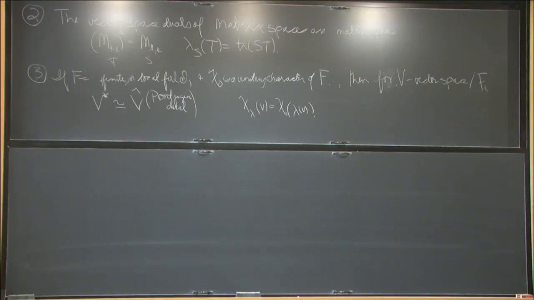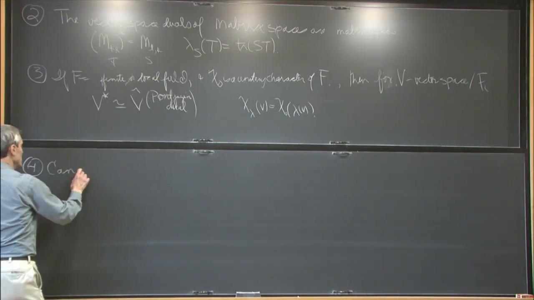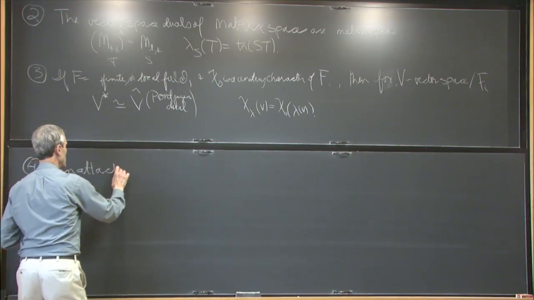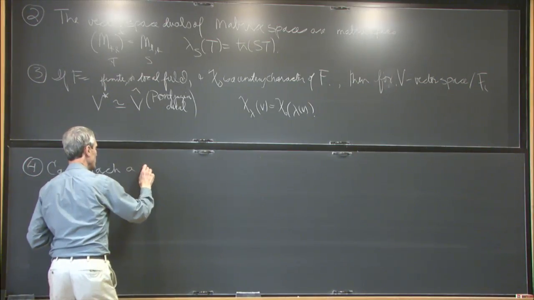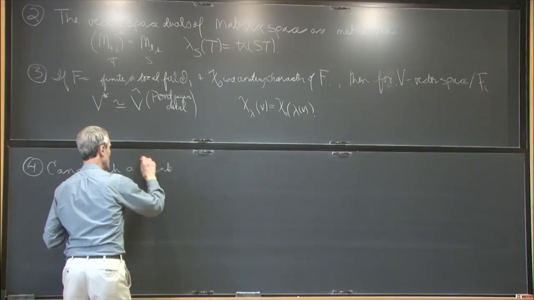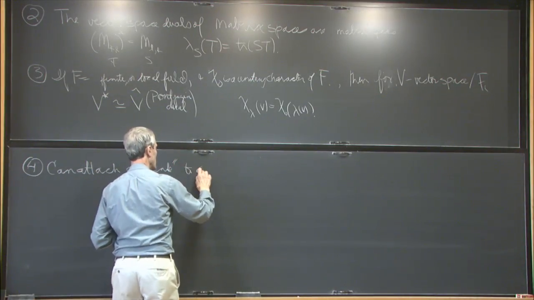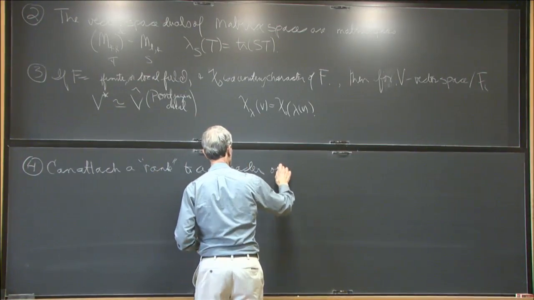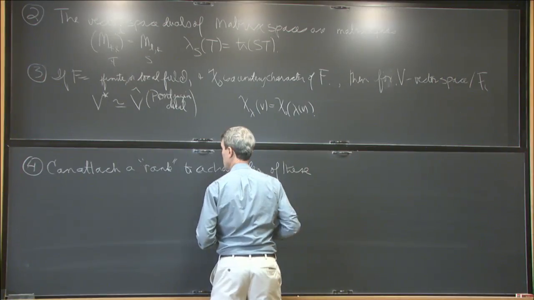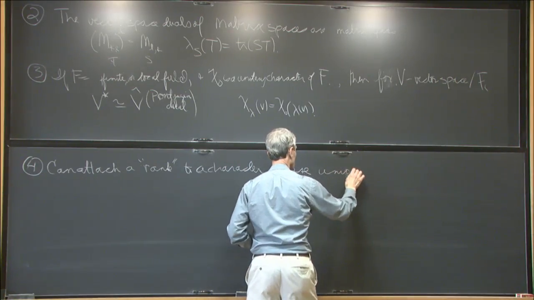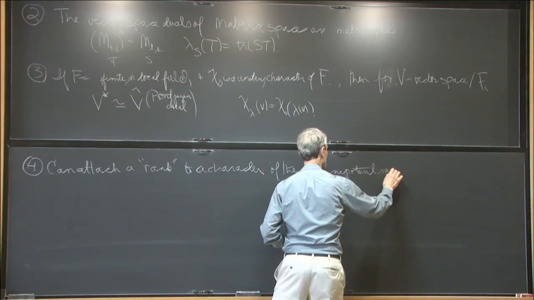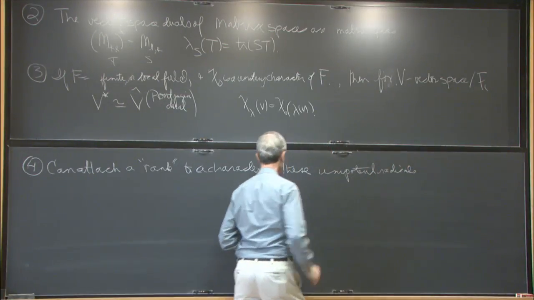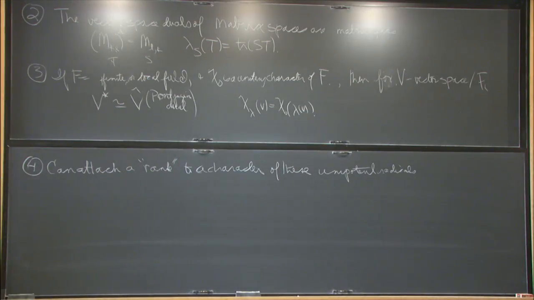So we can attach a notion of rank to a character of one of these unipotent radicals. Okay, so we can do that. The question is, is there any interest in it?